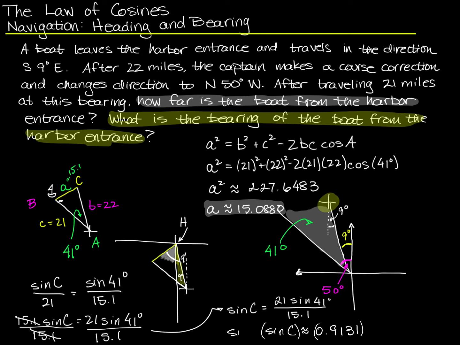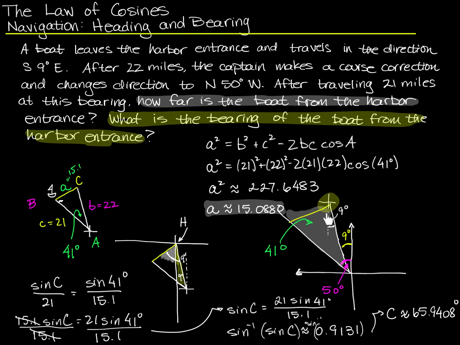And then I'm going to take the sine inverse of both sides, which gives me C is approximately equal to 65.9408 degrees. So I have found angle C, which is this angle right here.